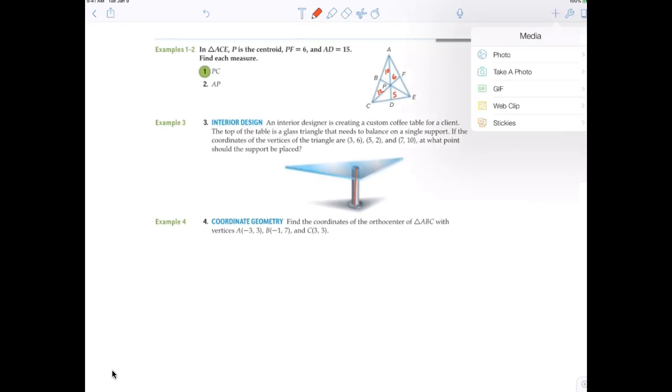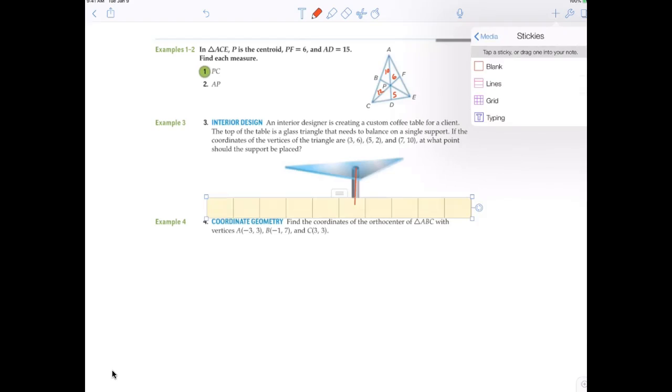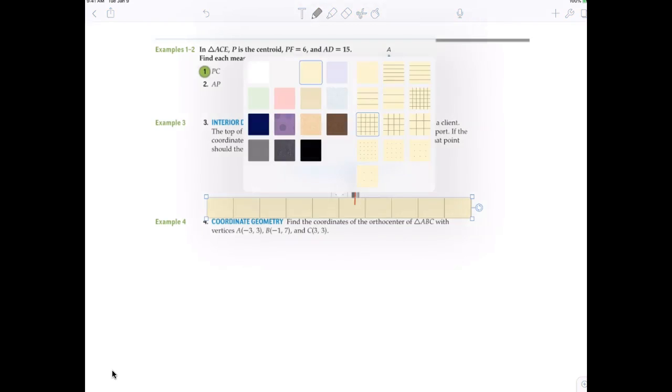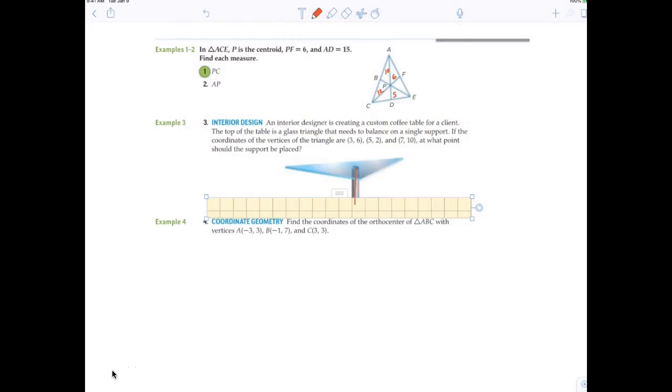So I want everybody to add some graph paper. You go to add, and then it's a sticky.